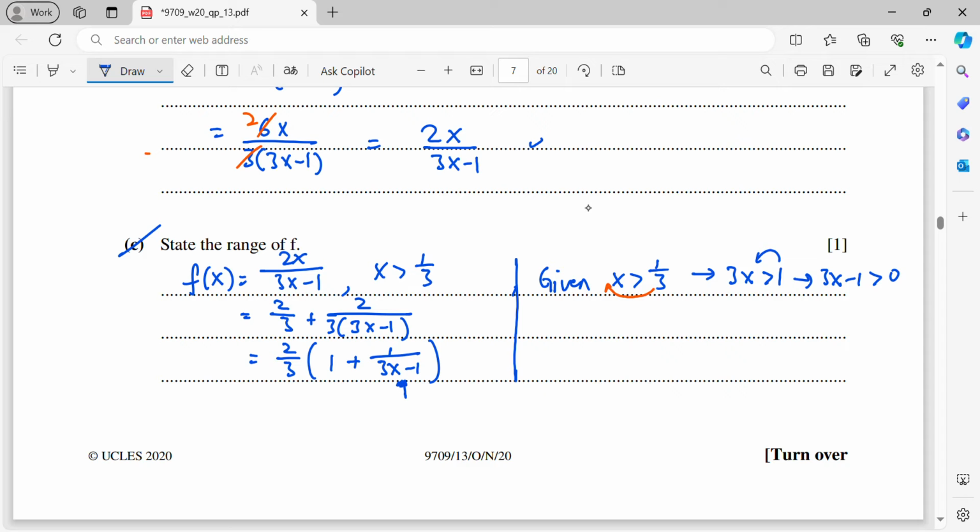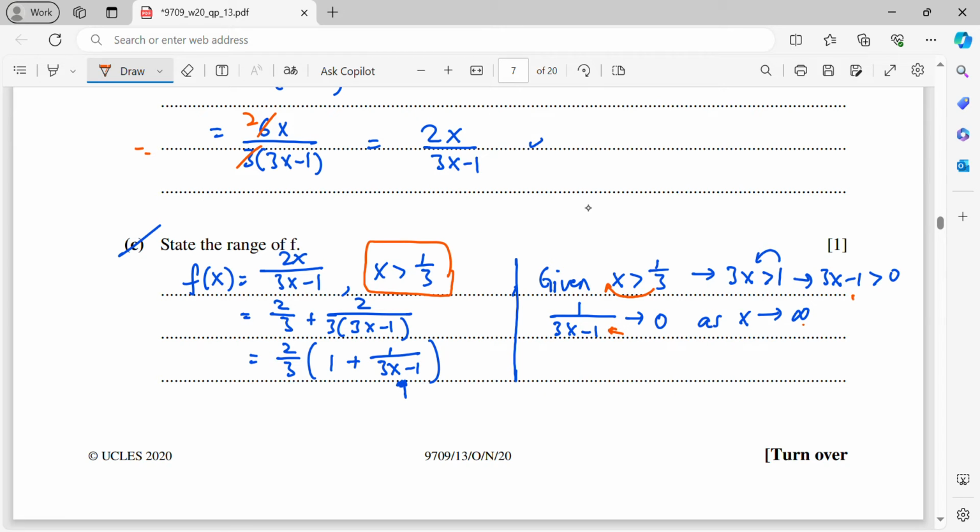Right? So when this is positive, 1 over 3x minus 1 will tend to 0 as x approaches infinity, because we know that your x is greater than 1 over 3, so it goes up to infinity. So when x is approaching infinity, the denominator is approaching positive 0, right?